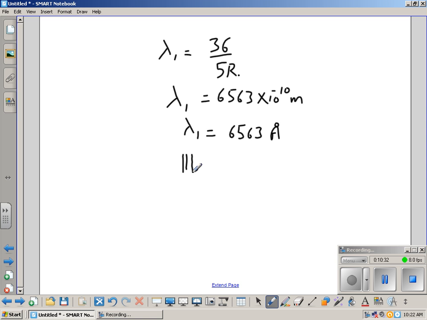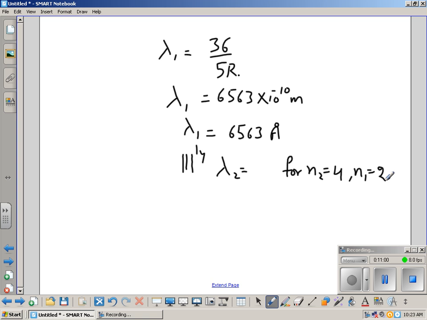Similarly, you can calculate lambda 2 for n2 equal to 4, n1 is equal to 2 always. Electron jumps from higher orbits to the second orbit, which gives us the spectral lines of the Balmer series.